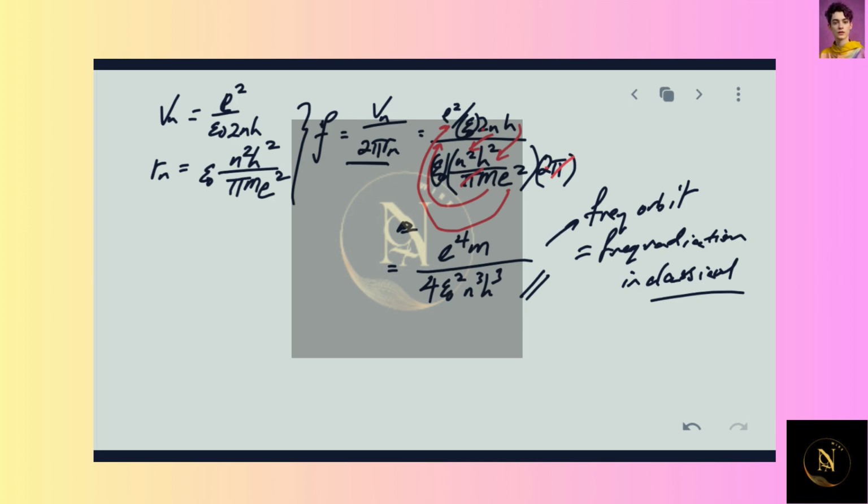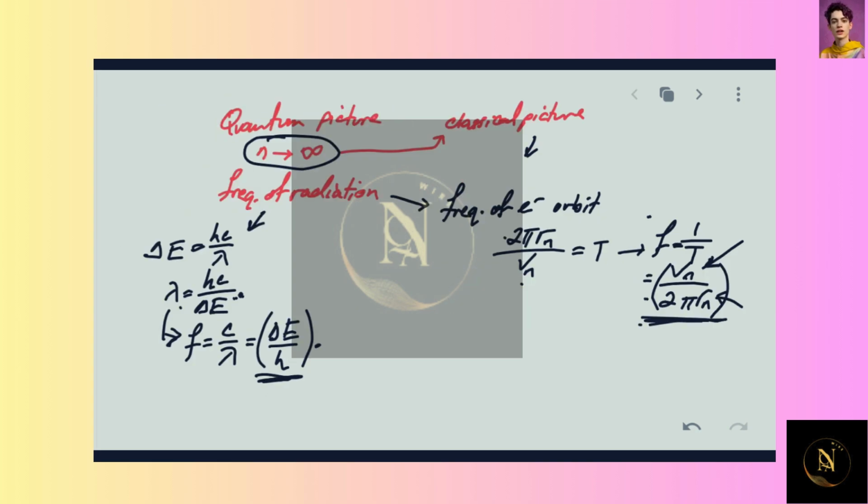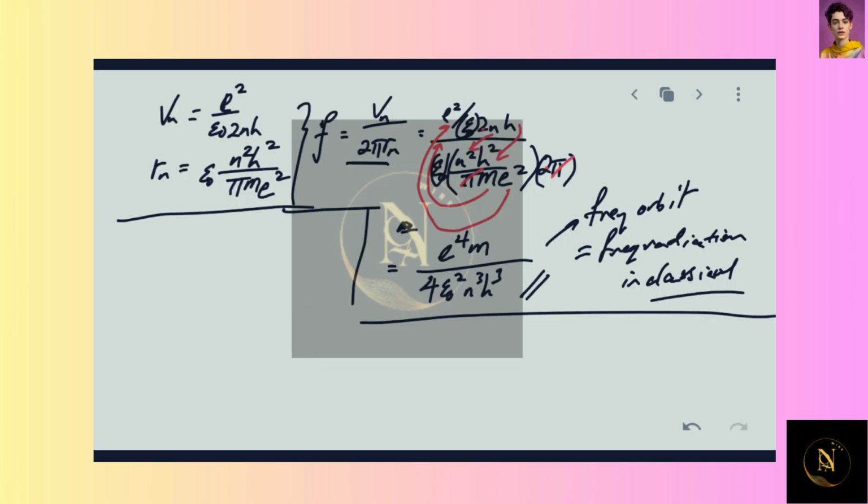Now moving on to the quantum picture. The quantum picture tells us that, from previously shown over here, the frequency is equal to delta E over h. Now what is delta E? Delta E is the energy between the two energy states.